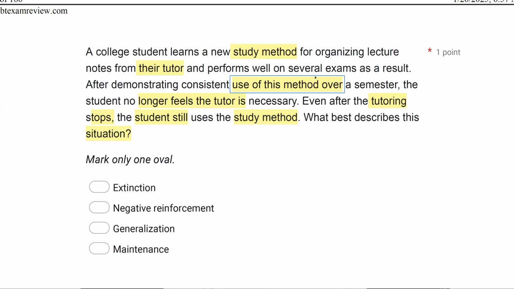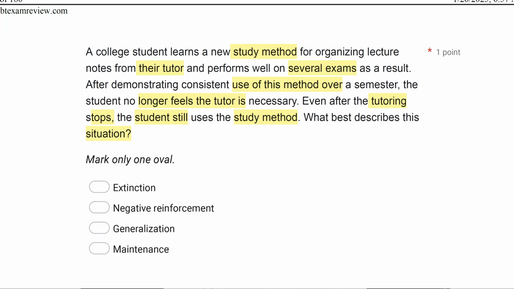He's organizing lectures, he's performing well. If anything, it appears to be positive reinforcement. C, generalization. We do know that they have been successful over several exams, which appears to be some form of generalization, but that might still be just the same class or the same test. It's not clear, right? It could be generalization, but is there something more precise?